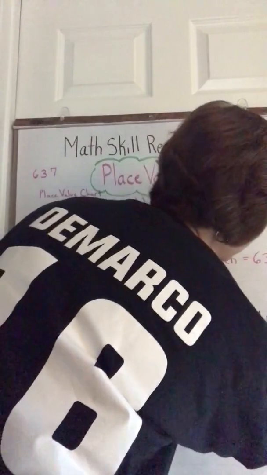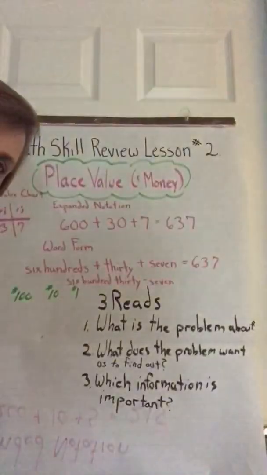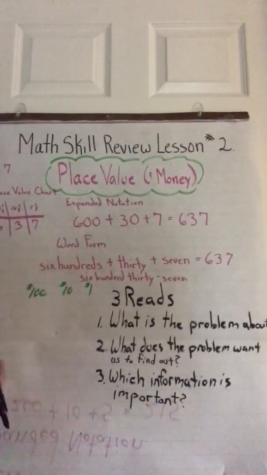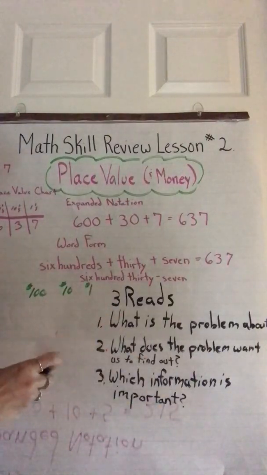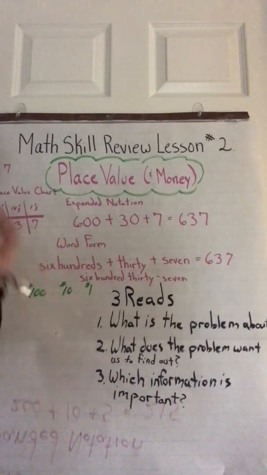Okay, those are our 3 questions. I don't know if you can really see that or not. But just as a reminder, we're going to do the 3 reads when we look at our problem. And our problem uses place value and money. So I want you to keep all that in mind.